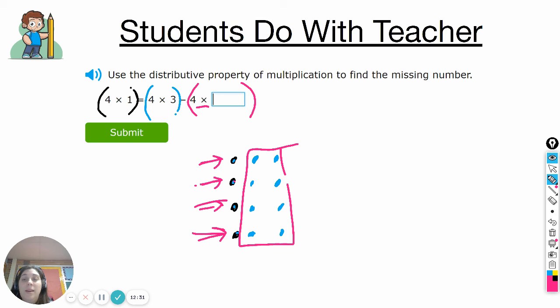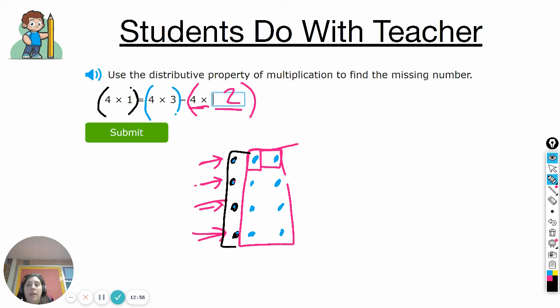Okay? So there's 4 rows. How many in each row? Well, here's 1 and 2. So if we started with 4 rows of 3, we took away 4 rows of 2, and that's how we ended up with 4 rows of 1, which is what we started with in black.